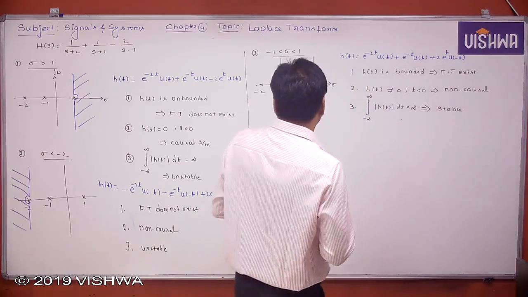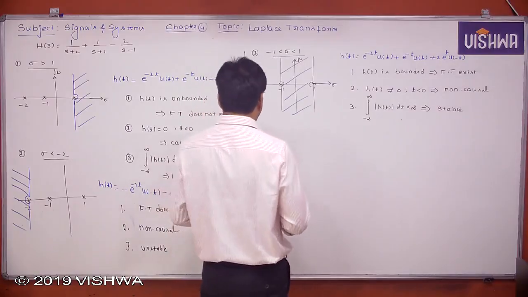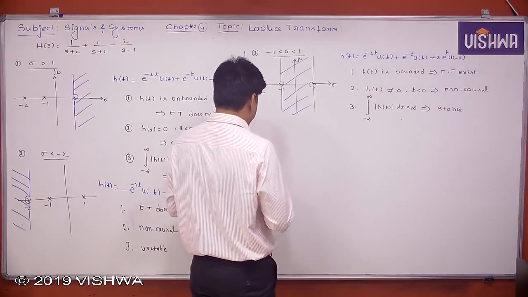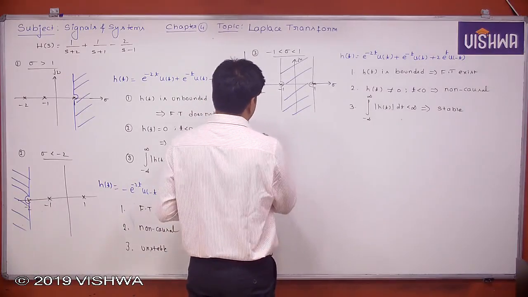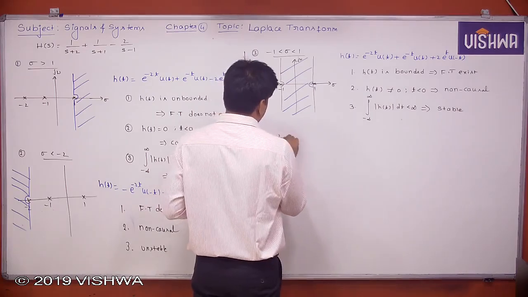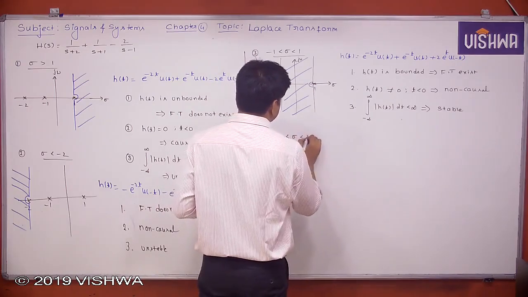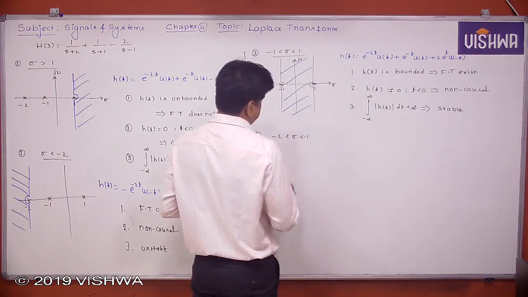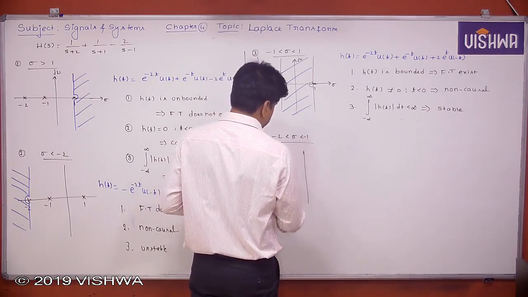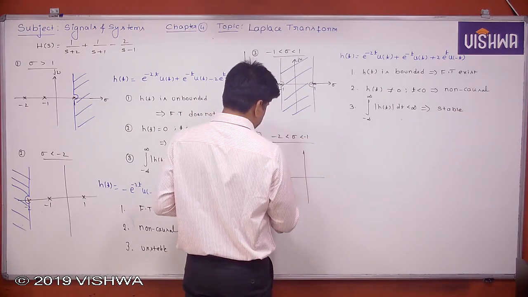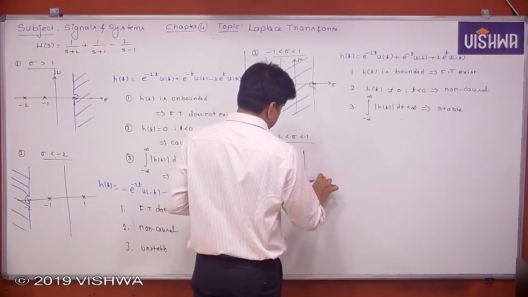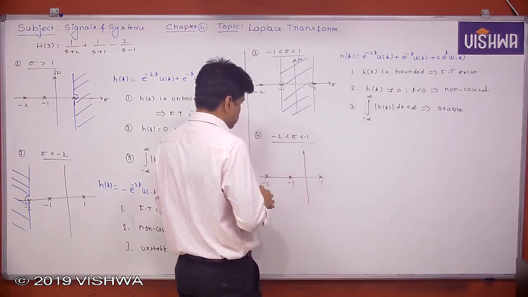Next, fourth case. Minus 2 less than sigma less than minus 1. So the ROC is like this.